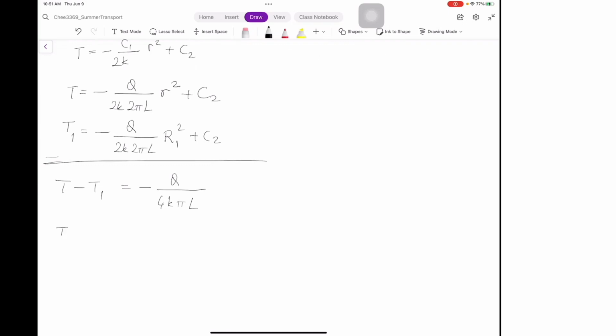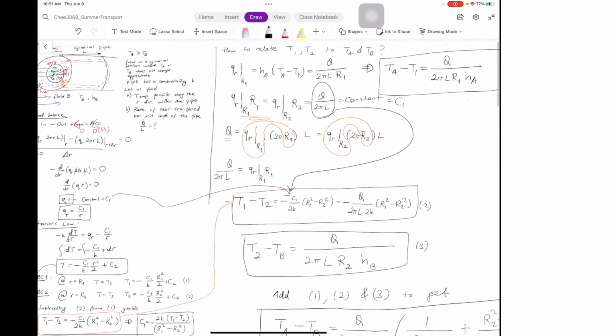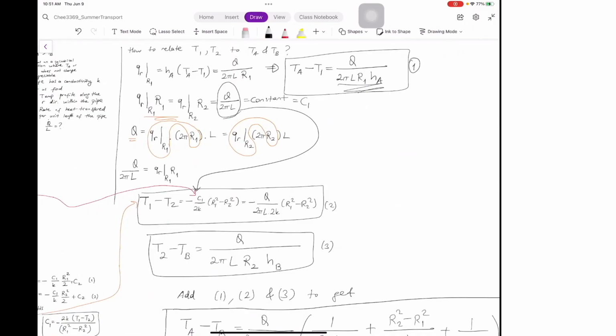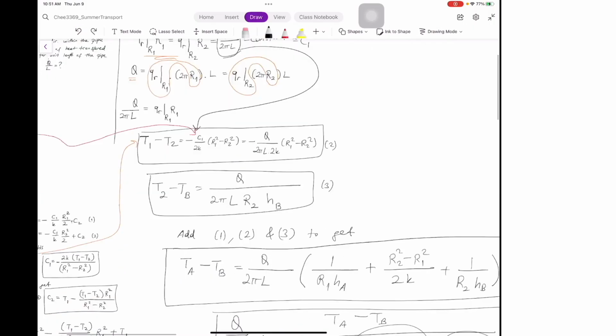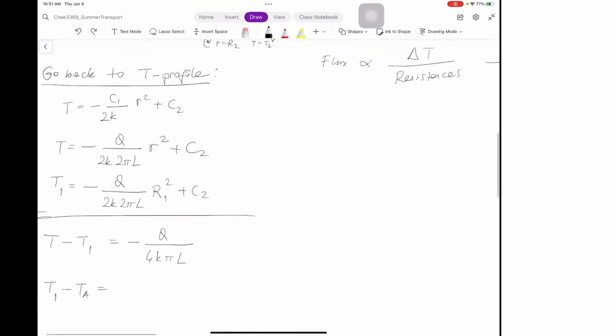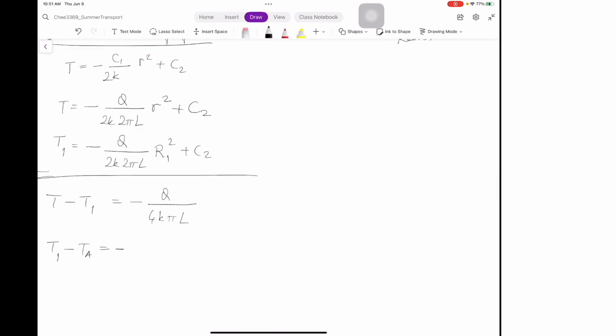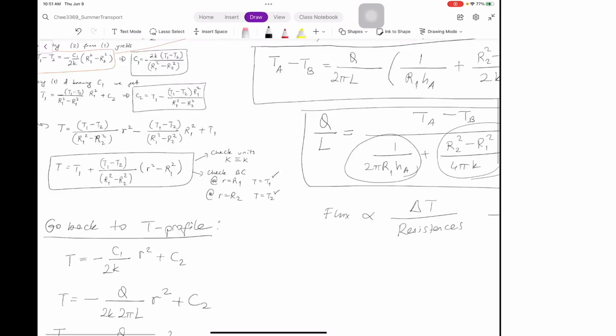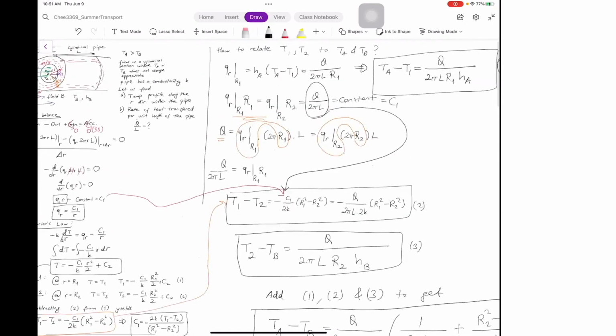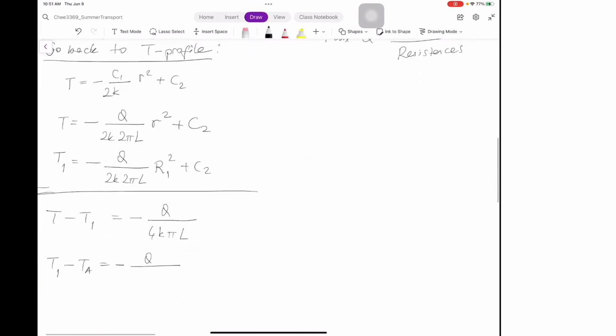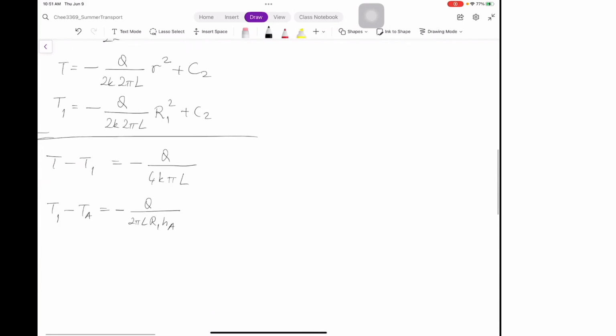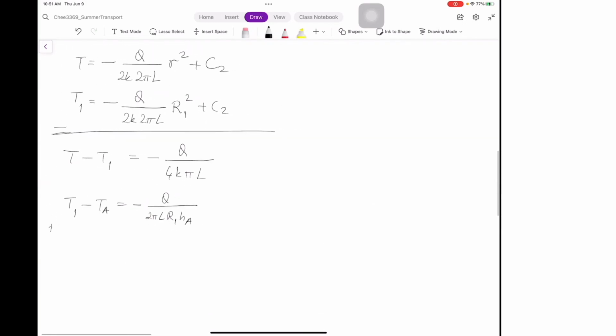And you can write down the T1 minus TA from the equation 1. It's going to be the minus of this thing, minus Q over 2 pi L R1 HA, correct? Now you can add the 2.